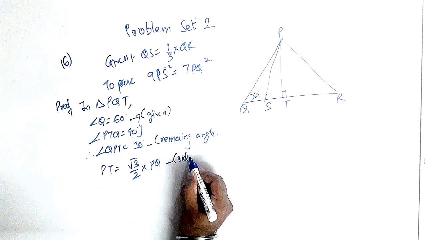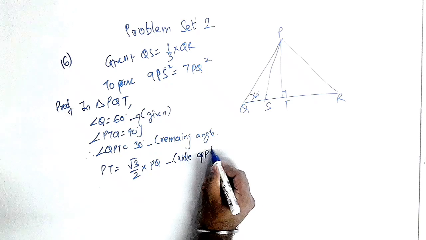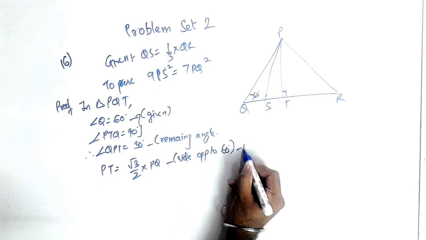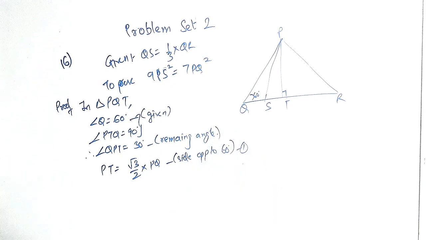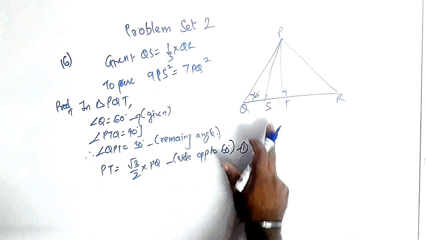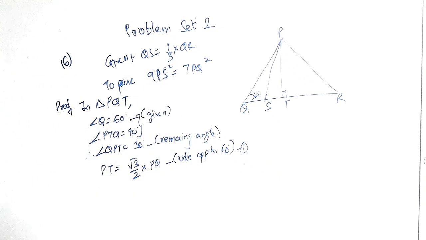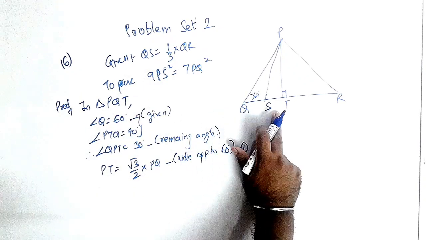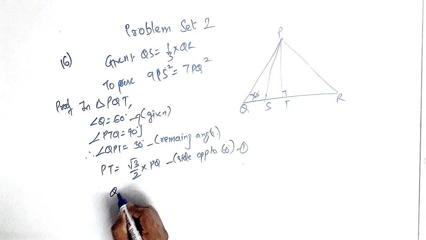Okay, side opposite to 60 degree and point number 1. Okay, then if you see, I want ST. Okay, let us say first QT.